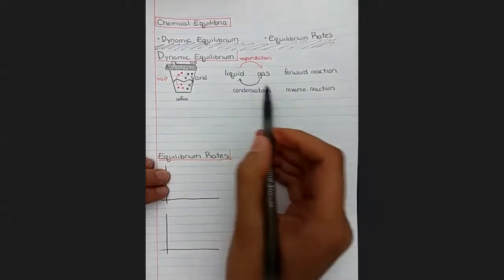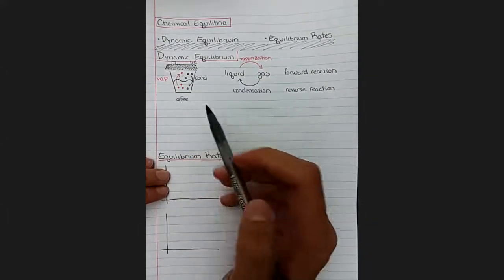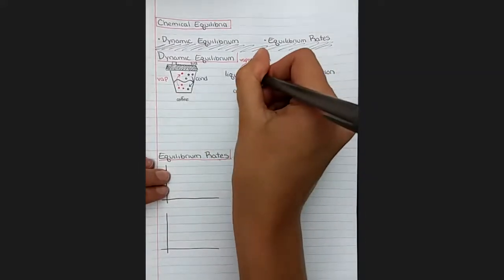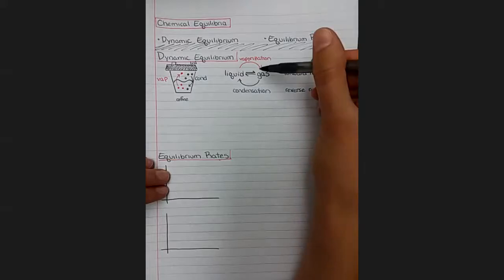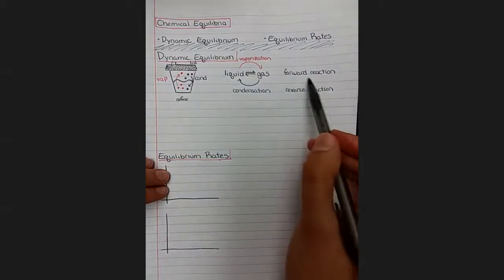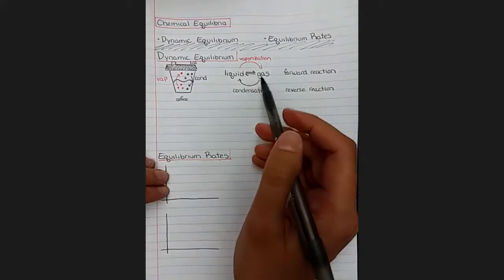And so both of these processes are happening at the same time in the container, vaporization and condensation. So to represent that, we're going to give it a new kind of arrow that looks like this. The top half is going to the right, and the bottom half is going to the left to represent the forward reaction and the reverse reaction, both happening at the same time.